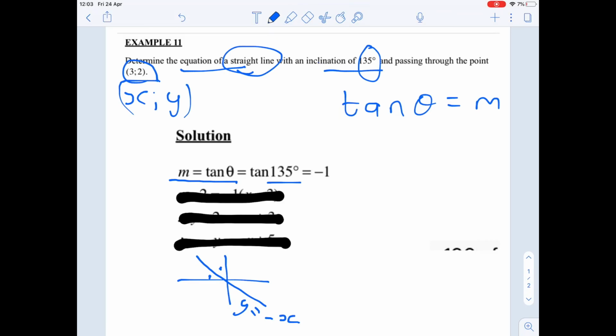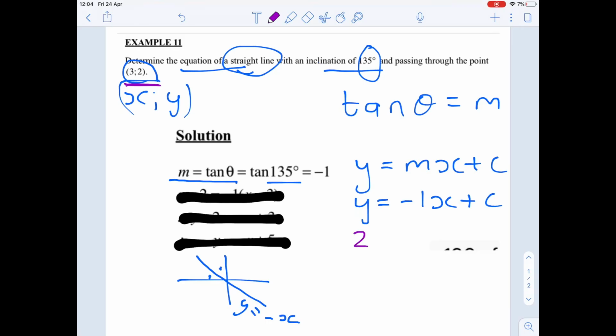Okay, so now what do we need to do? We need to find the equation of the straight line. So our standard equation of any straight line is y equals mx plus c. We now know m. m is going to be equal to the gradient, which is going to be minus 1x plus c. And now, because we know that this point (3, 2) is on the line, we're going to substitute that in place of x and y.